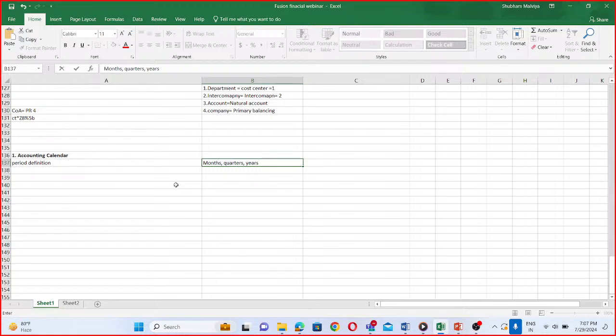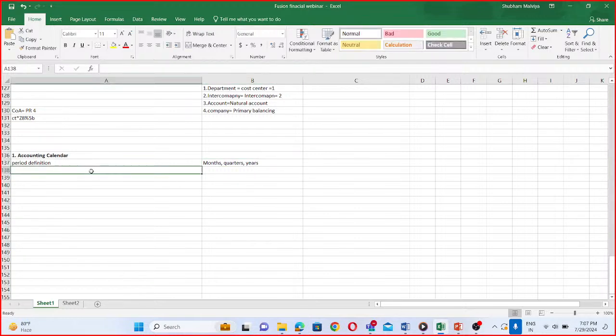Then the accounting calendar ensures standardized financial reporting across the organization, making it easier to compare financial data across periods. So we can make the financial report of the organization in a much easier way to compare our financial data across the period.